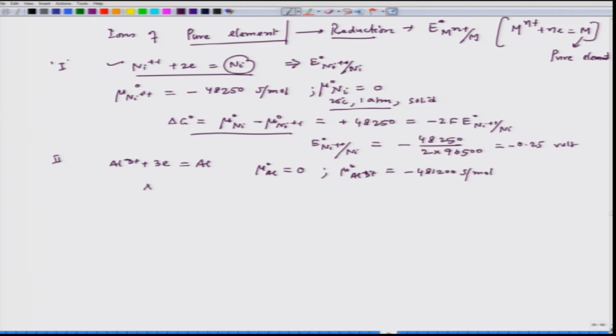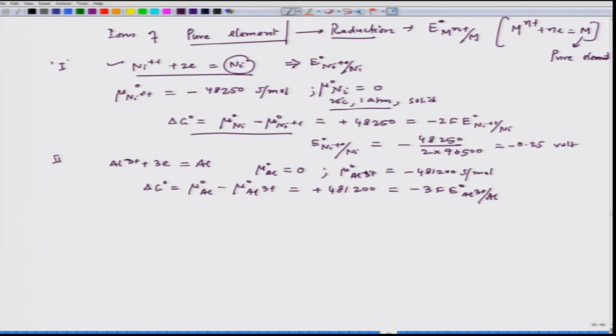So, I can again get the same thing: mu 0 Al minus mu 0 Al3+ equal to plus 481,200, equal to minus 3 F E0 aluminium.